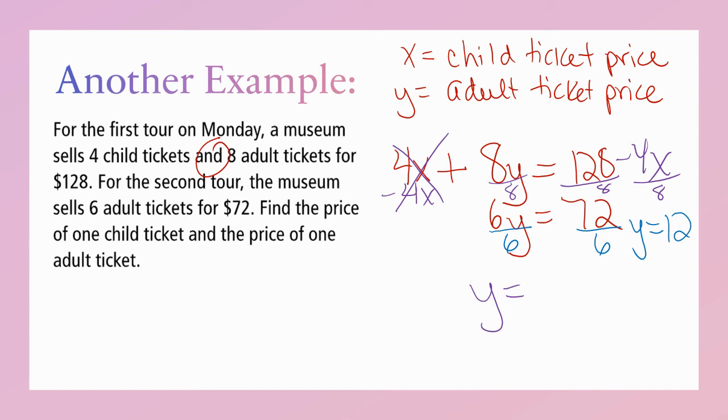When we do that, 8y over 8 is y, equals 128 divided by 8 is 16, minus 4 over 8 doesn't divide evenly, but it reduces to 1/2 x. So 16 is my y-intercept, and negative 1/2 is my slope.